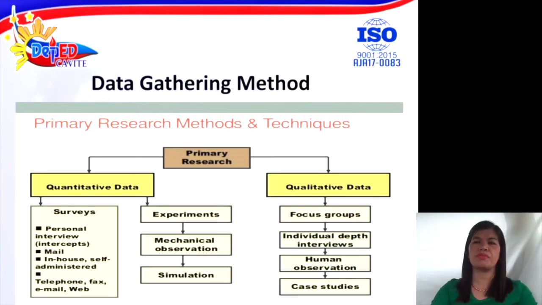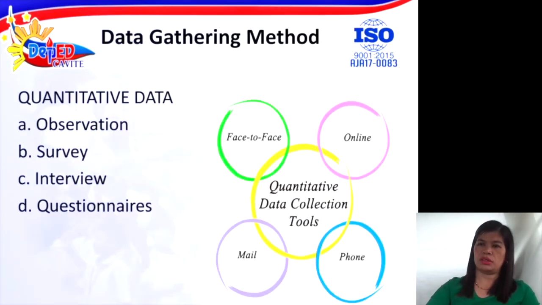So the choice of the method is dependent on the needs of the research. Let's discuss some. For example, for the quantitative data, these are observations, surveys, interview, and questionnaires.